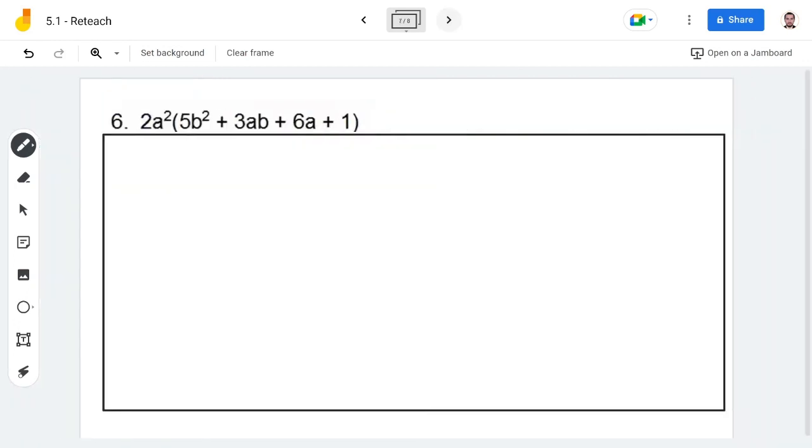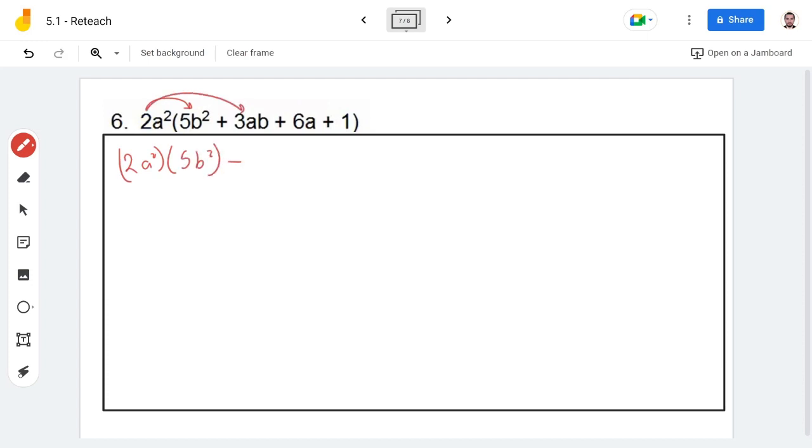Okay, let's take one more example. How about if we solve the question in one step? So let's try to do it in one step. Let's multiply 2a squared times 5ab squared. So it will be 2a squared multiplied with 5b squared.